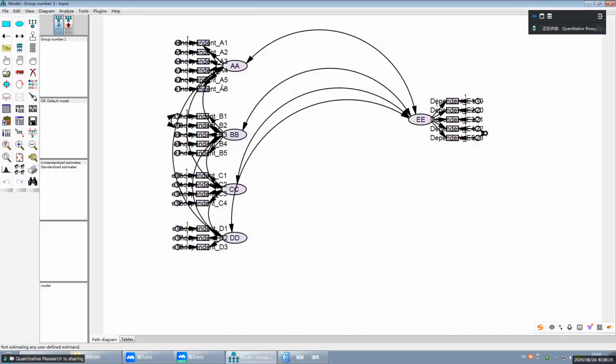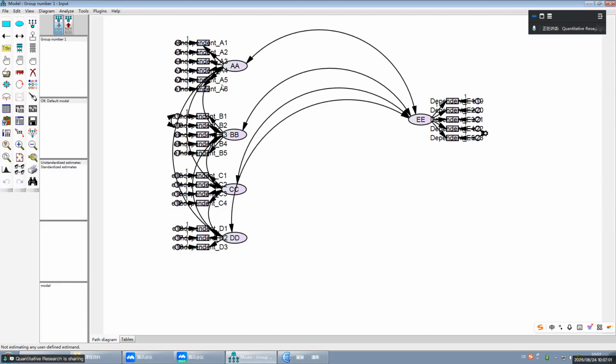Now let's use one example to illustrate how to do this. I'm going to compute CR, AVE, and the square root of AVE for A. What is the first thing for the data analysis?